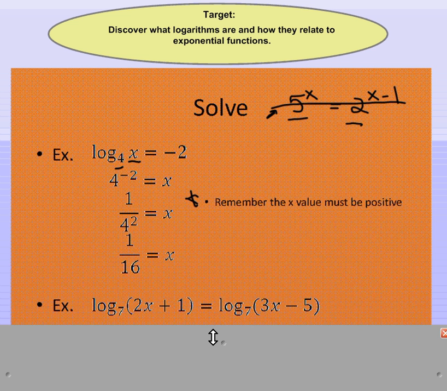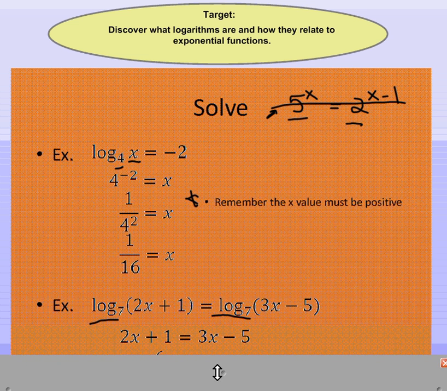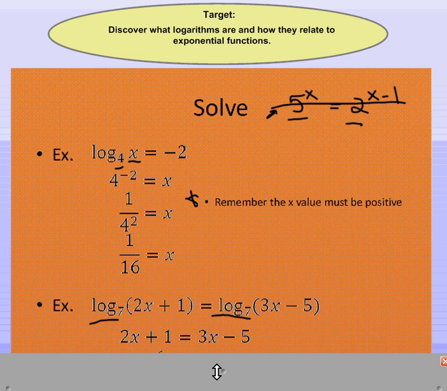We're also going to solve this one. Notice it's log base 7 of 2x plus 1 equals log base 7 of 3x minus 5. Remember again what an equality means. An equality means that both sides are the same. What we should notice is that it's already log base 7 on both sides. It's not that you can divide log base 7 away or that they cancel away. It's just that they're already the same. If they are already the same, then what we need is the 2x plus 1 and the 3x minus 5 to be the same.